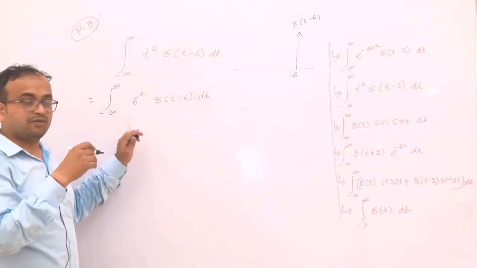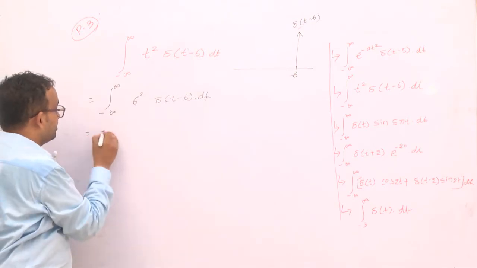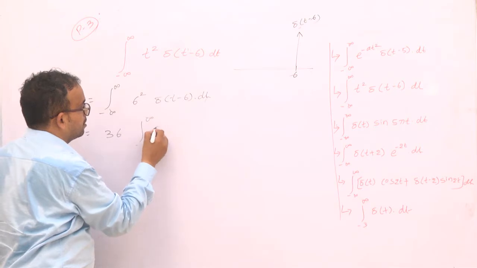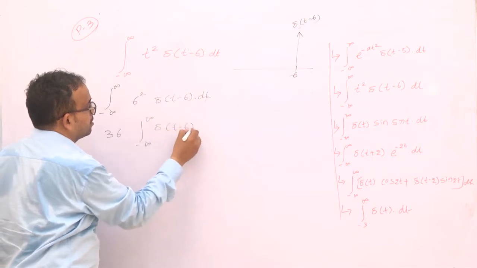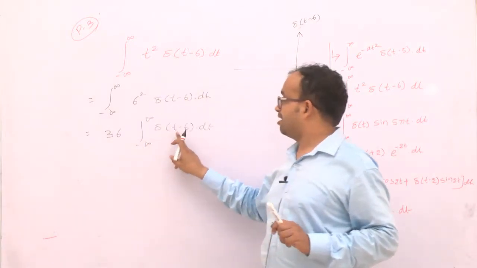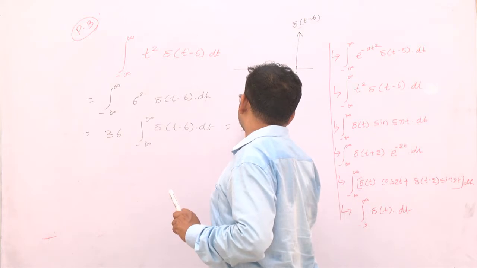That is 6 square delta of t minus 6 dt. So what is 6 square? 36. So this can be written as 36 times the integral from minus to infinity of delta of t minus 6. The answer will be 36.